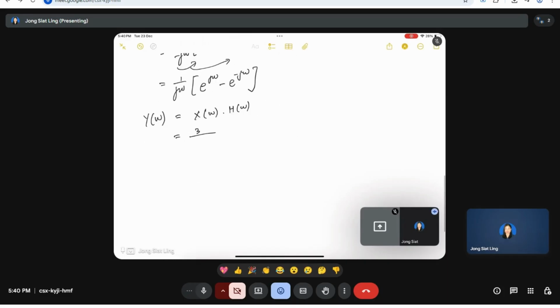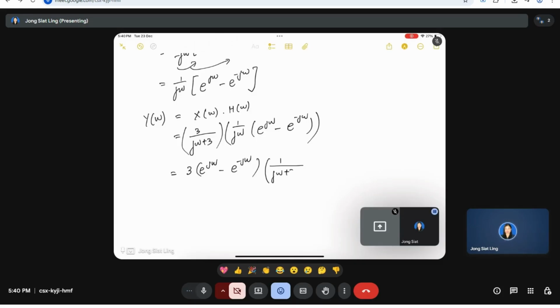Then H(omega) is 1 over j omega times e to the j omega minus e to the minus j omega. So you can simplify it, and you get 3 times e to the j omega minus e to the minus j omega, multiplied with 1 over (j omega plus 3) times j omega.